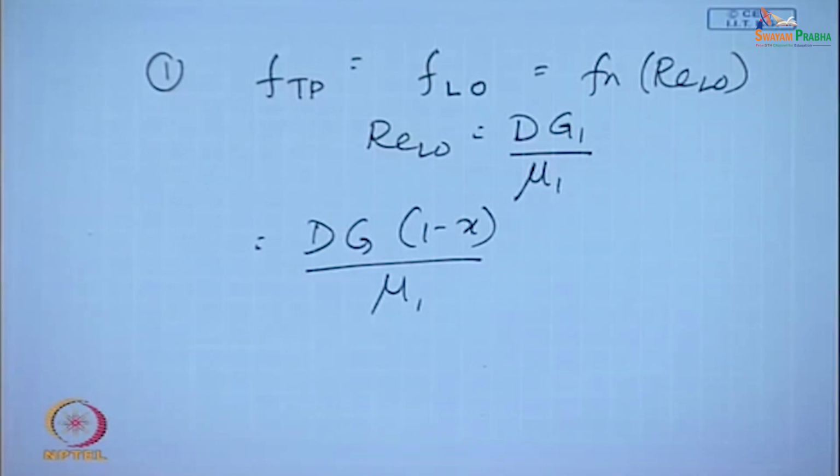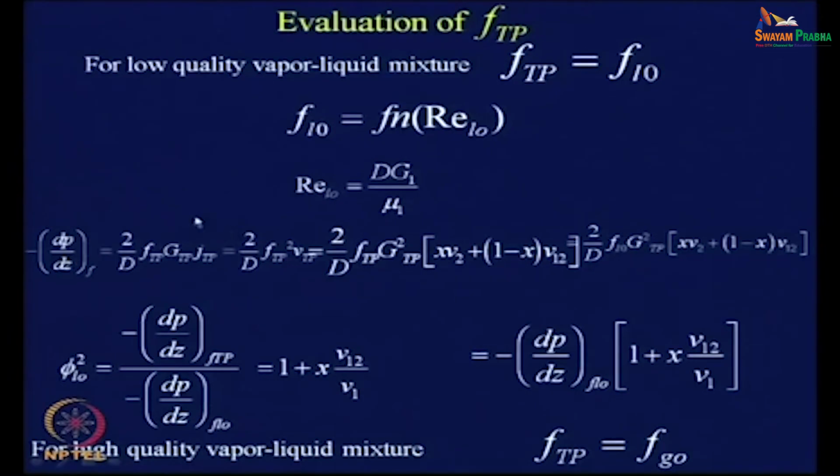So, if we take that, then from this particular slide you see that the frictional pressure gradient, instead of this FTP, we can express in terms of FLO. And therefore, under such circumstances your frictional pressure gradient can be predicted from this particular form itself.